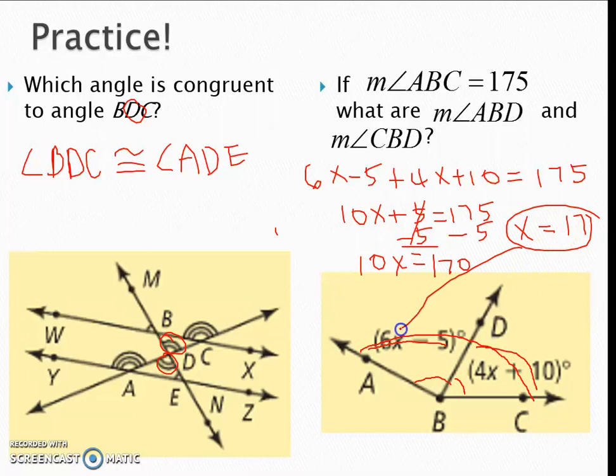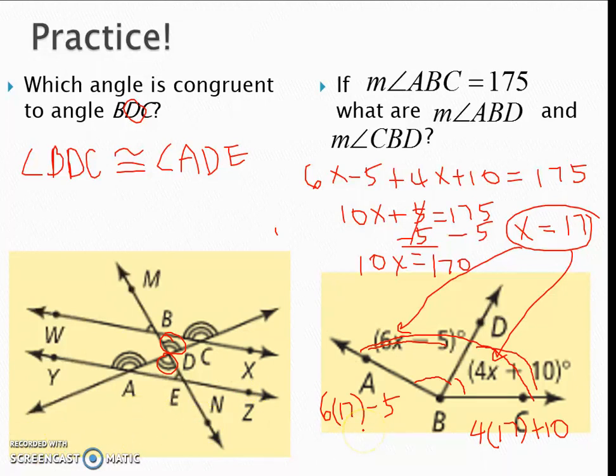You plug it into x right here to find the angle. We're going to do 6 times 17 minus 5 to find this angle, and then 4 times 17 plus 10. Please pause the video and find the angle for each one.